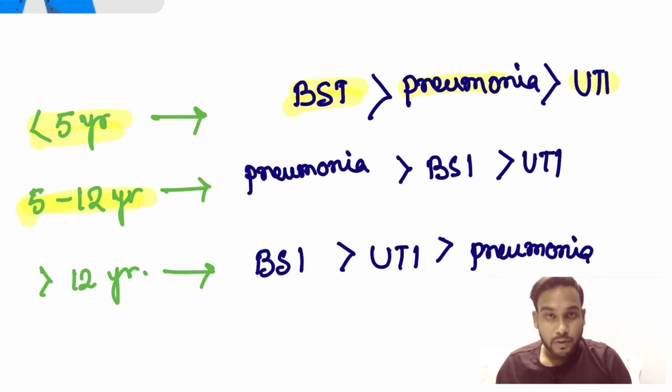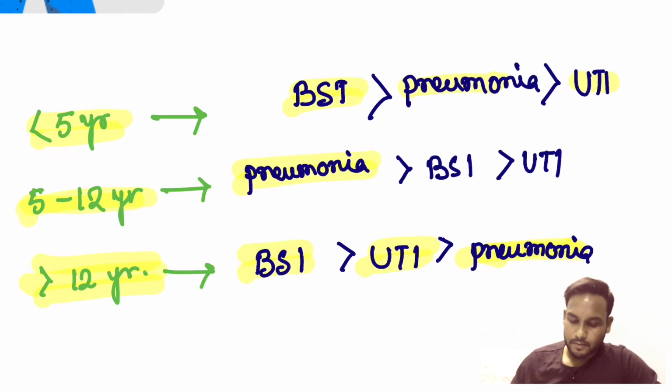For a 5 to 12 years old child, pneumonia is more common than bloodstream infection and then UTI. And for adolescents more than 12 years old, bloodstream infections are more common than UTI and then pneumonia. So this is important to know.